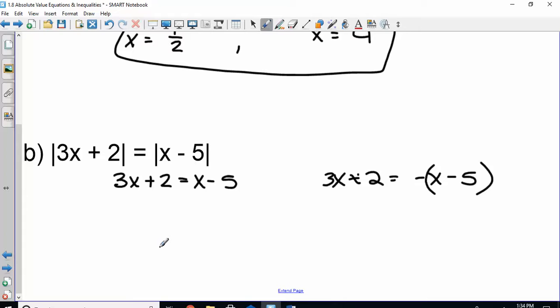Okay, so then if we solve, if I subtract over my x, subtract my 2, divide, we get negative 7 over 2.